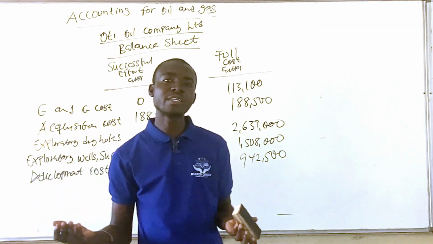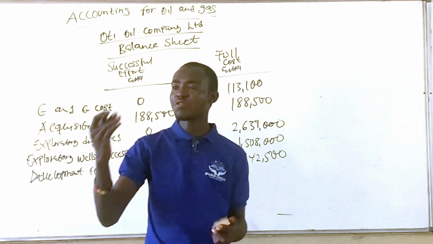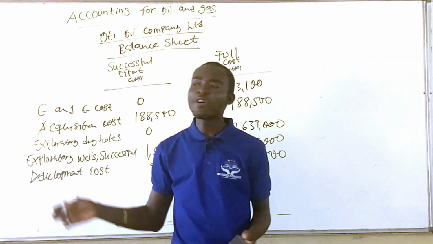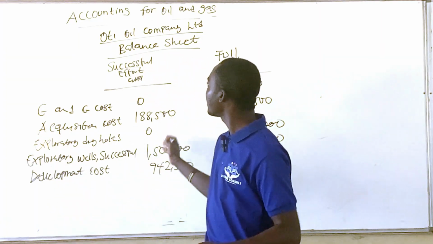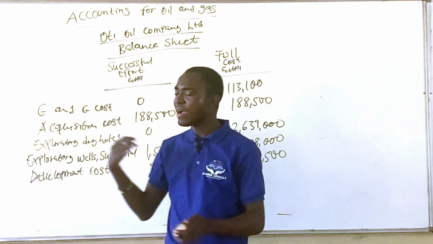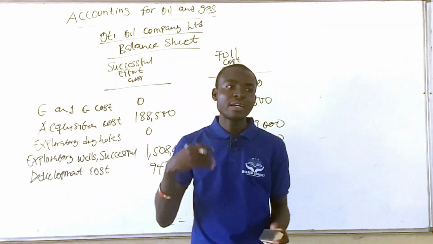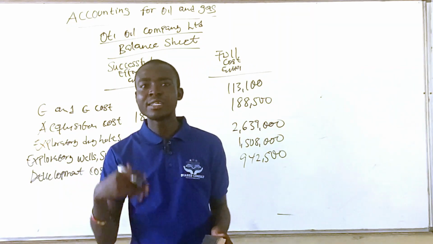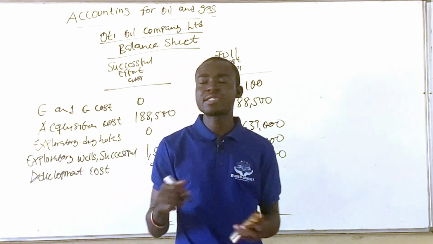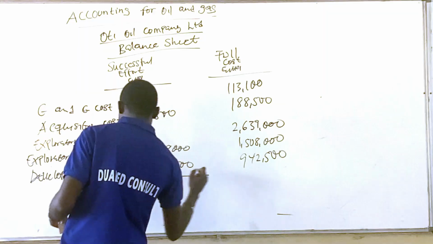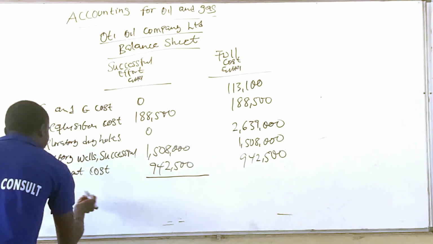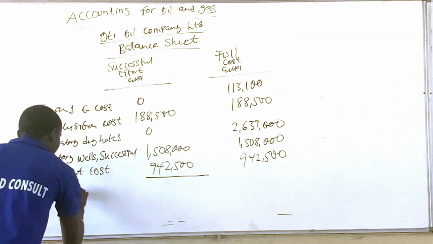Accumulated depreciation is always subtracted from the cost of the asset to get your net book value. So over here we sum up the values that we have recorded. After that, we less the depreciation and amortization cost to get our net assets. The summation of the figures will give us our total assets.